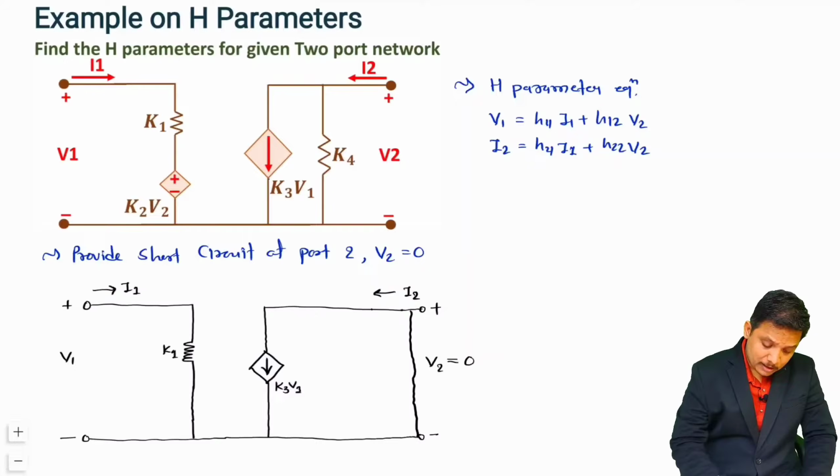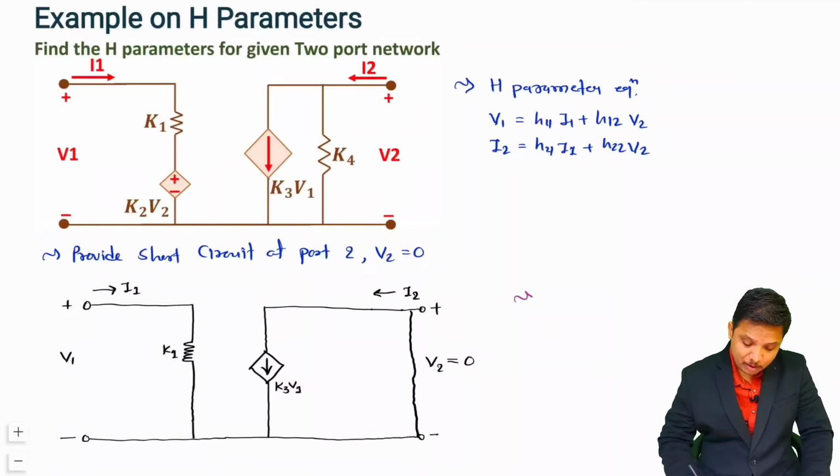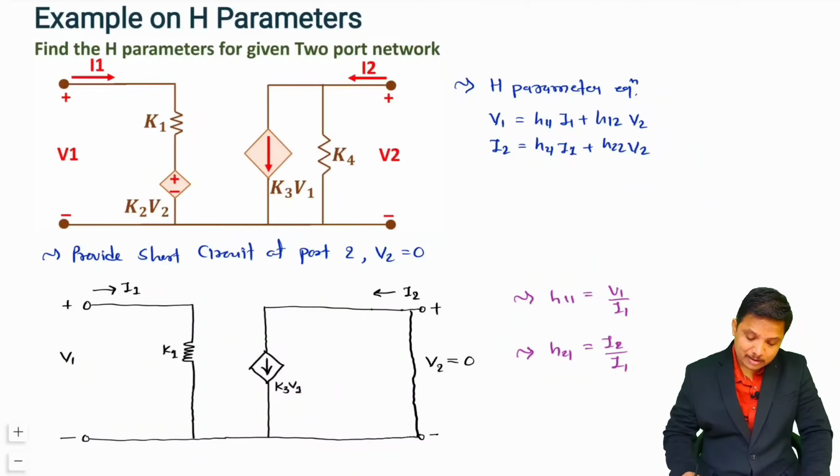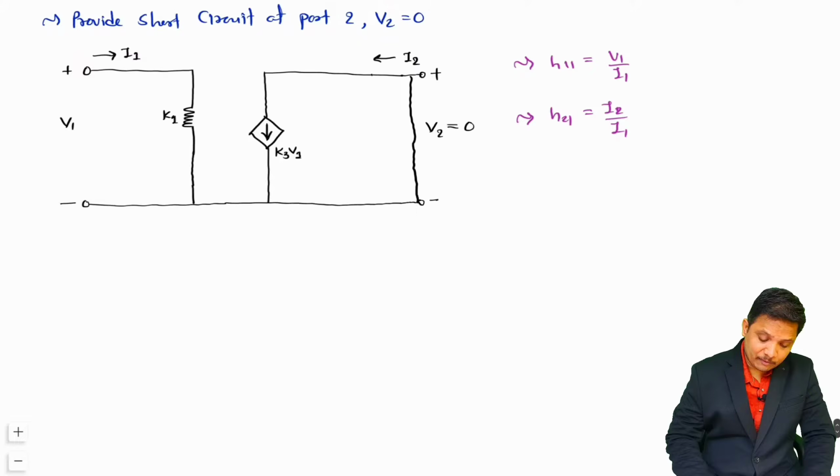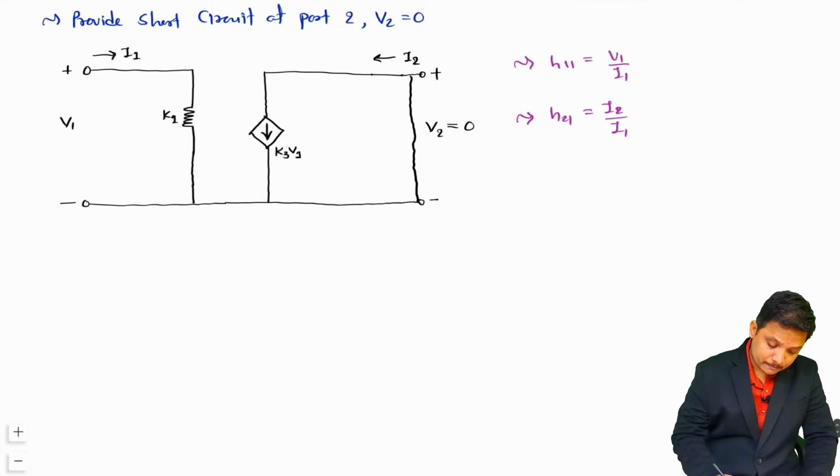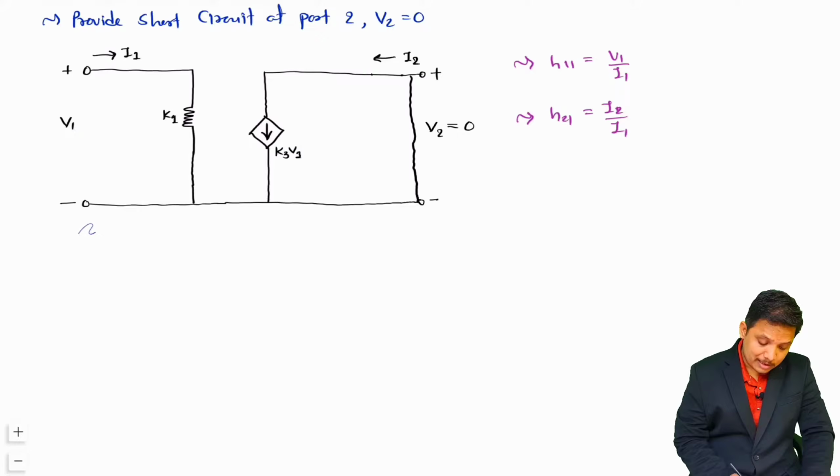Now what we need to find: when V2 equals 0, H11 will be V1 by I1 and H21 will be I2 by I1, right? I am just writing it for your reference. Now let us find the values of V1 by I1 and I2 by I1.